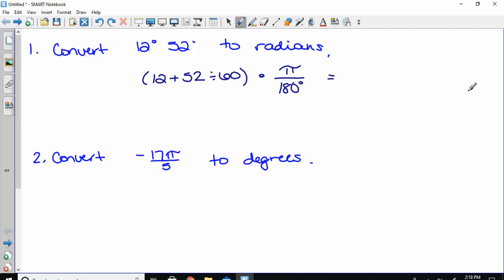Degrees. And we've talked about the many different forms you can use when writing your answer.